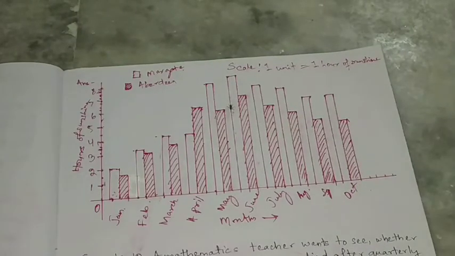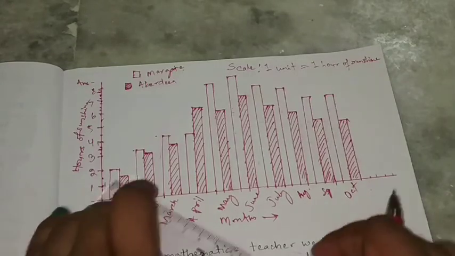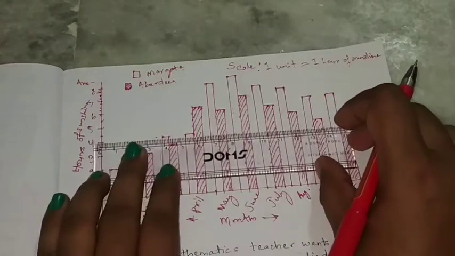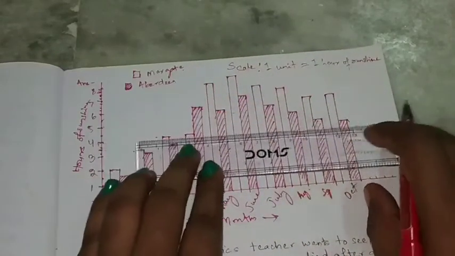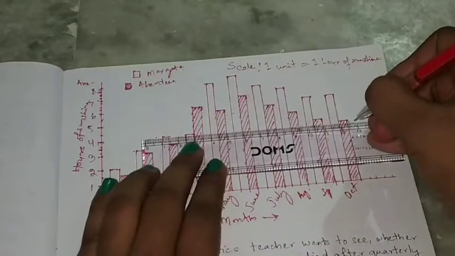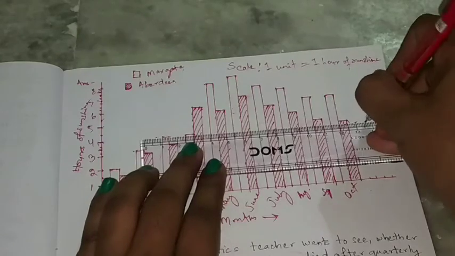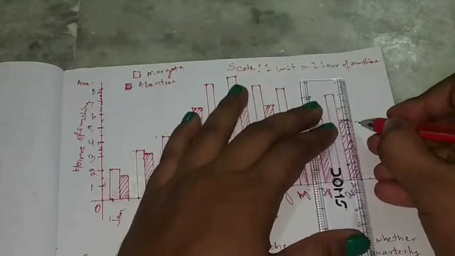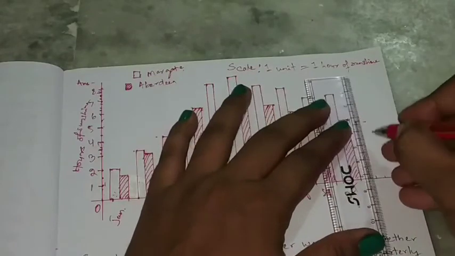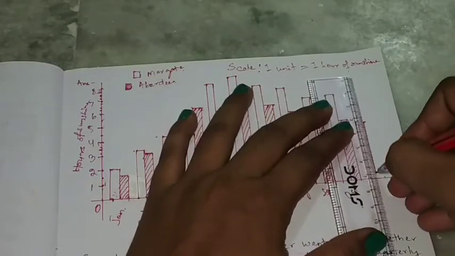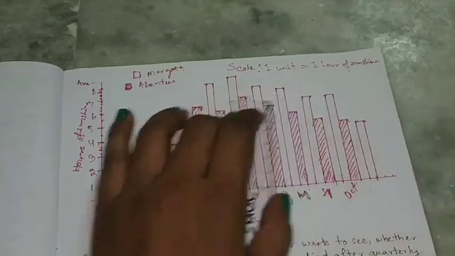In November it is 4 hours in Margate and 3 hours in Aberdeen. 4 hours. Look at here. So this is 4 hours. So I can make it like this. 4 hours. Okay.